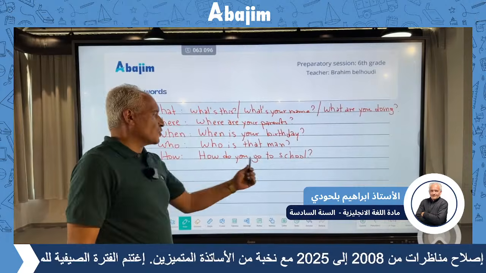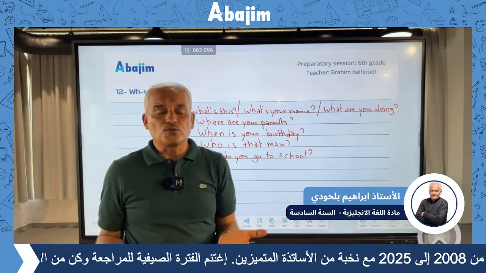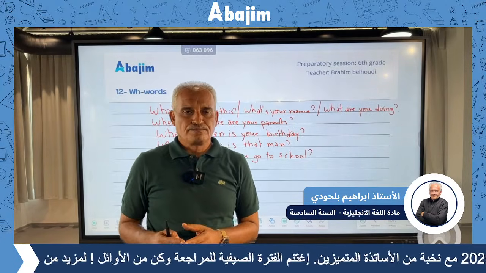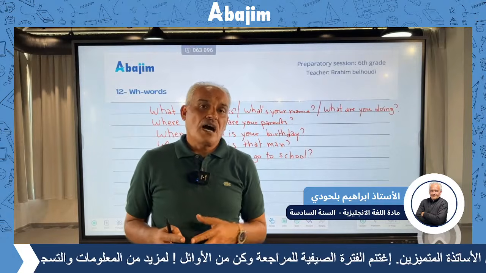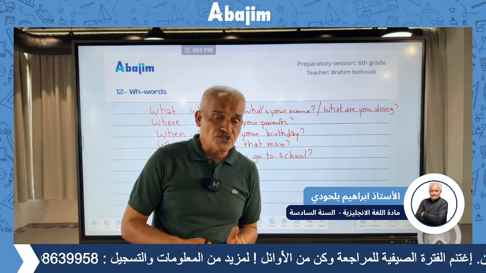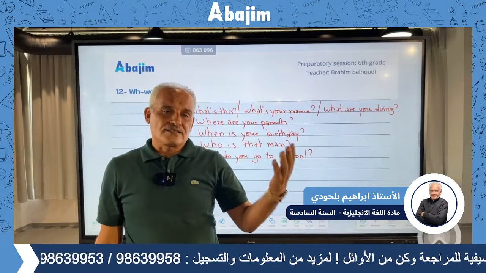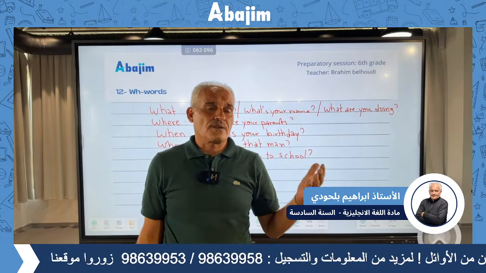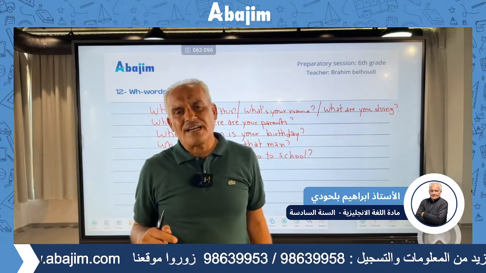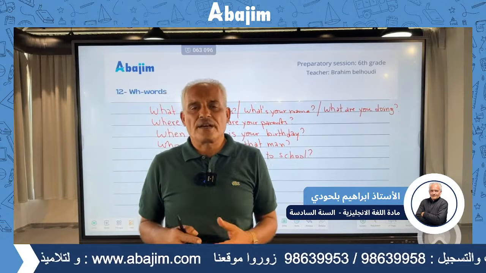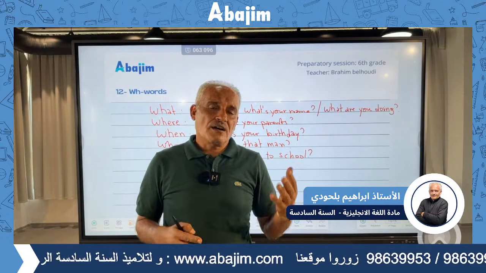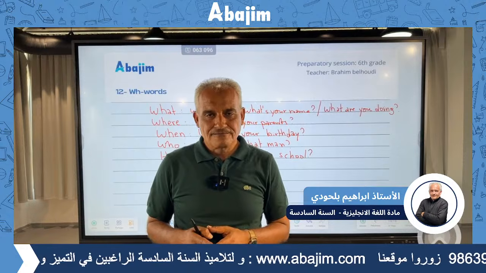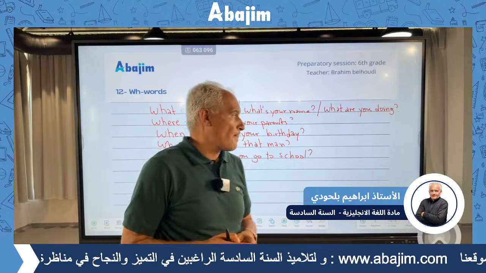So, how do you go to school? I go to school on foot. Why? Because the school is near my house. How do you go to school? You ask the same question to another pupil. He answers, or she answers. I go to school by bus because the school is far away. It is far from my house, so I go by bus, okay?